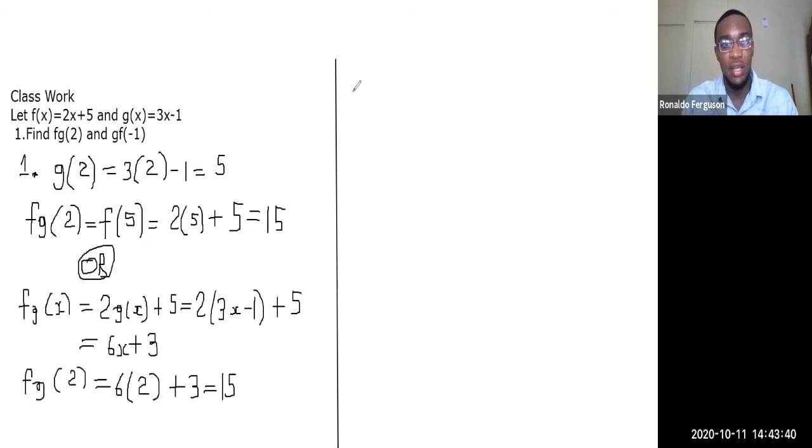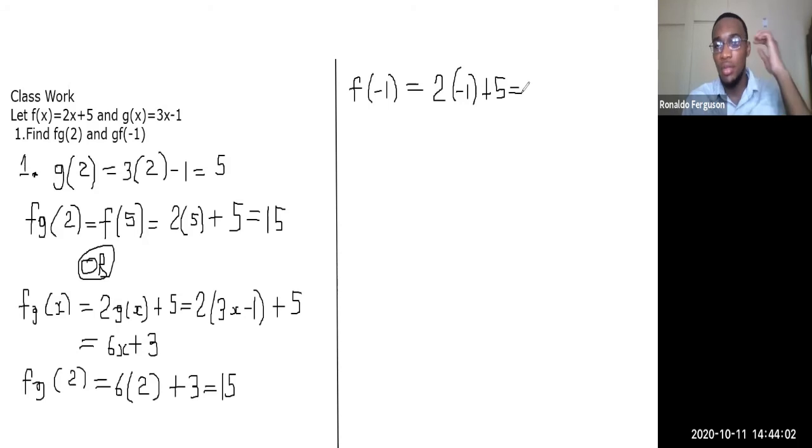So the same way we can do it over here for gf of minus 1. So method 1 is we can find f of minus 1, and f of minus 1 is going to be equal to 2 times minus 1 plus 5. 2 times minus 1 plus 5 is minus 2 plus 5, that looks like 3.